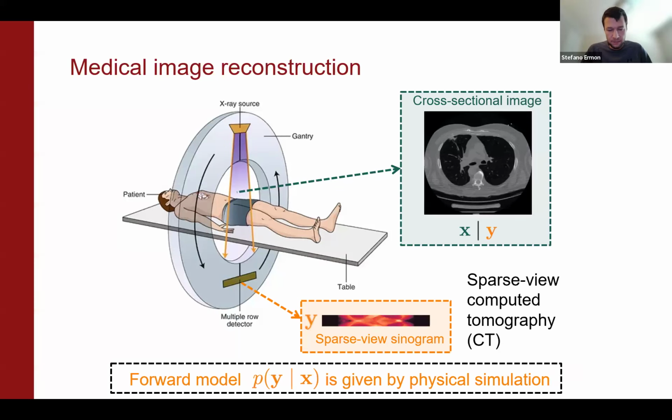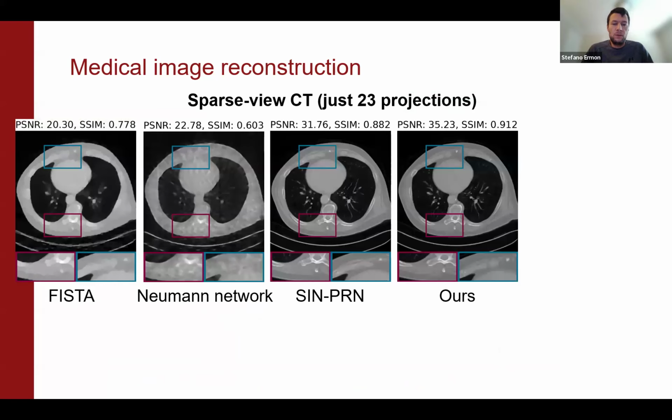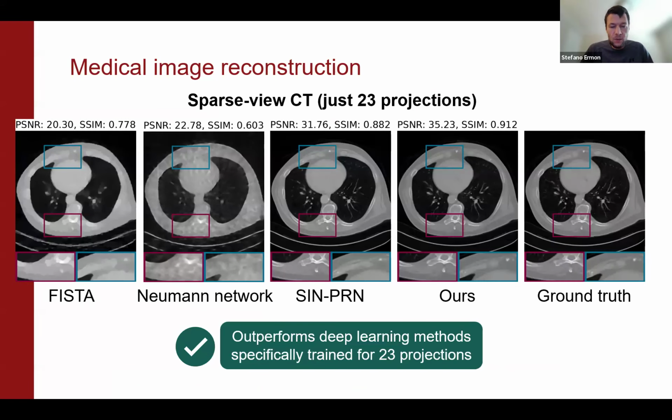And we can do medical image reconstruction by basically sampling from the posterior. I'm going to go through it a bit quickly, but essentially what we get is very good results, outperforming even competing methods that were trained specifically for this task of medical image reconstruction.